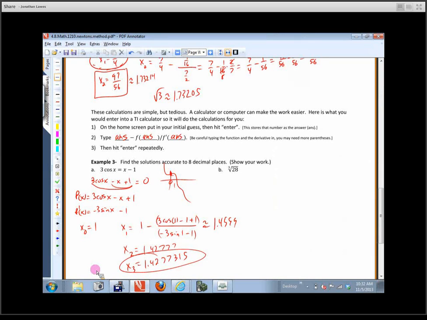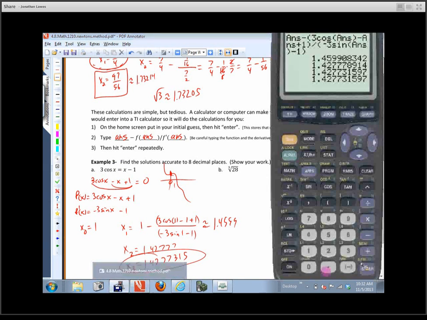How could we find out for sure? You plug it in. Put it in right here. So let's see what we get if we took 3 cosine of that last answer, and then let's subtract that last answer, and then let's add 1.